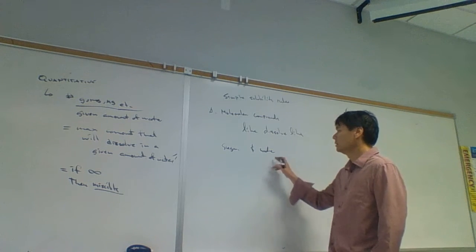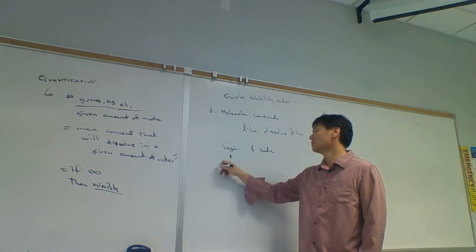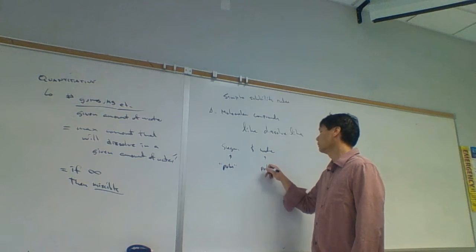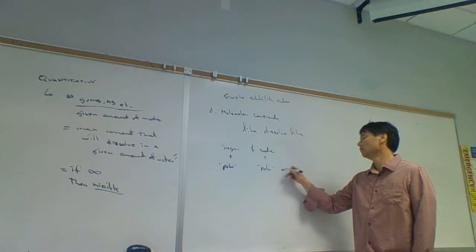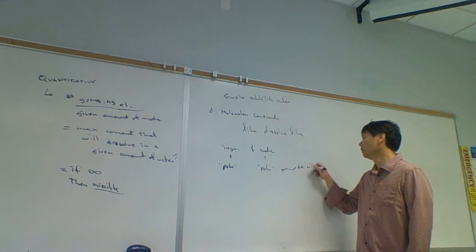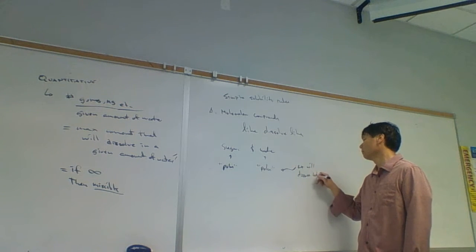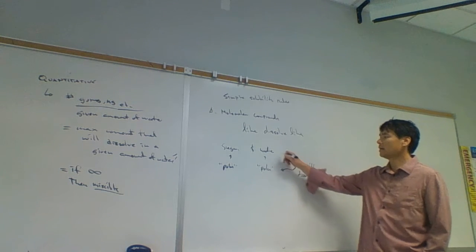What is like is we call this a polar substance. We'll talk about polarity later when we get to structure. And so sugar and water are alike in that sense.